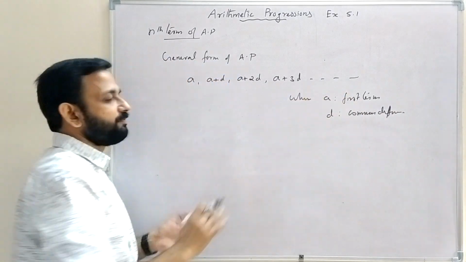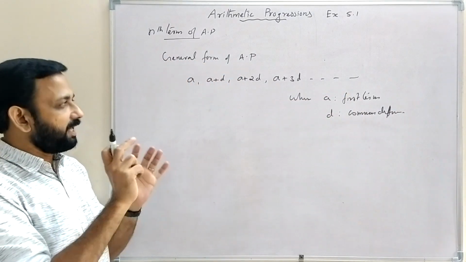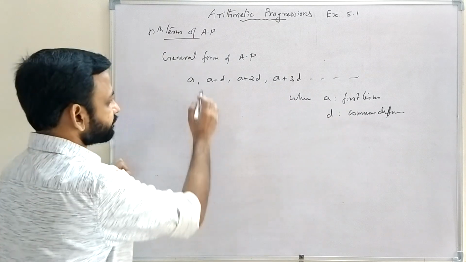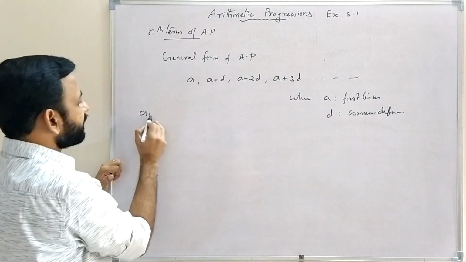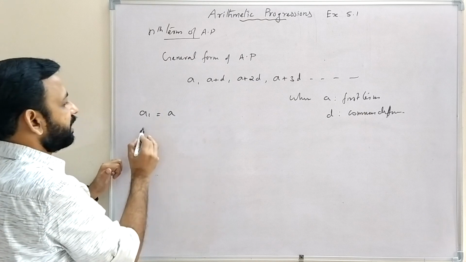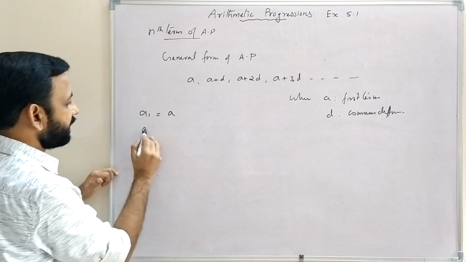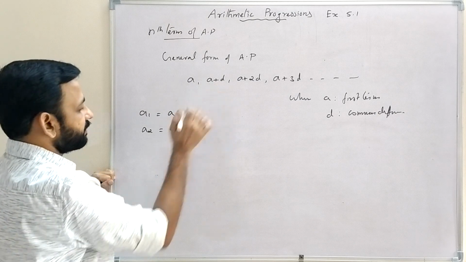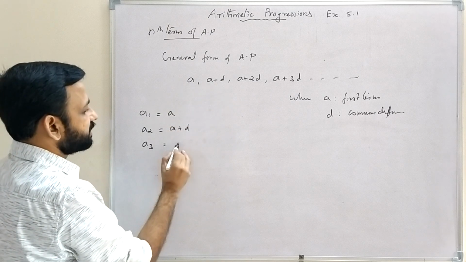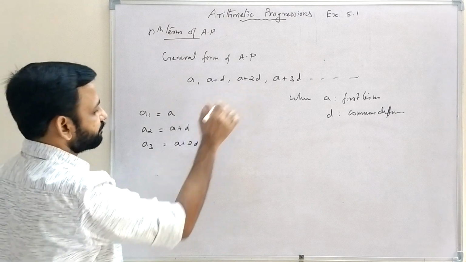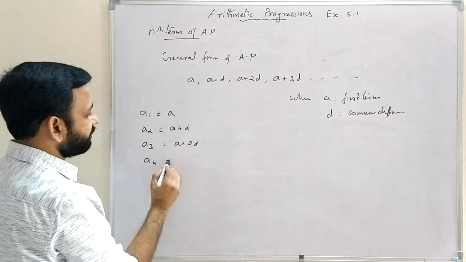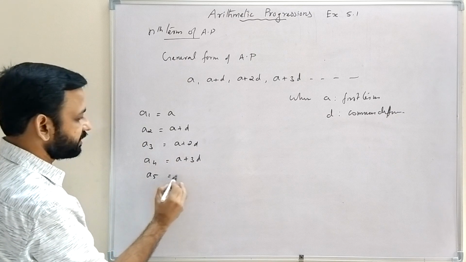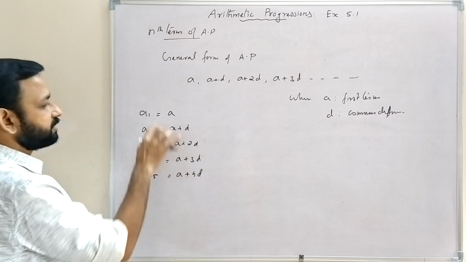And here a1 is equal to a, that is the first term. And a2 is equal to a plus d. The third term a3 is equal to a plus 2d. The fourth term a4 is equal to a plus 3d. And a5 is equal to a plus 4d. So it goes on like that.